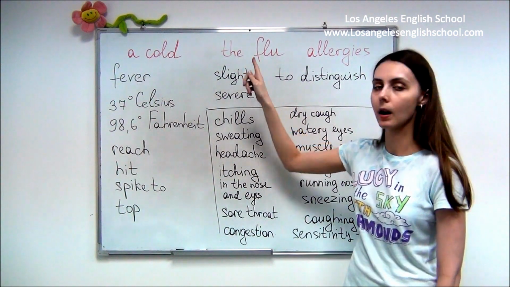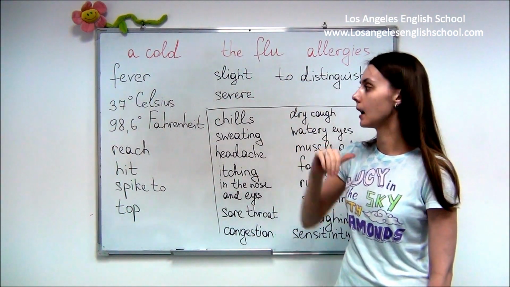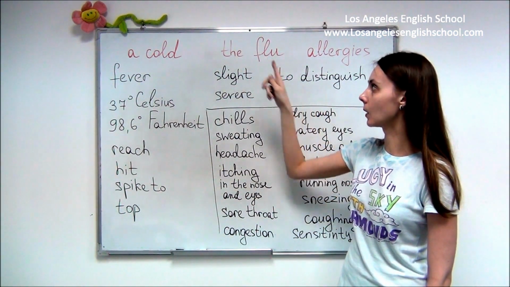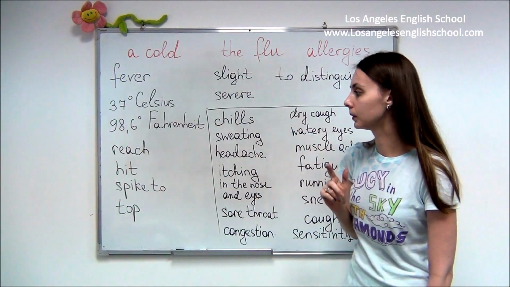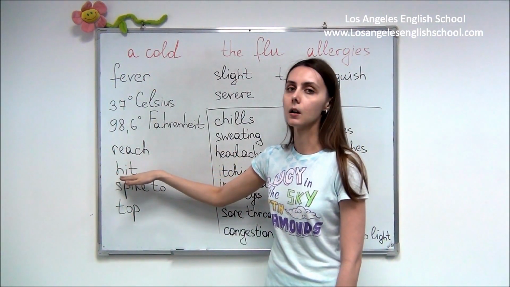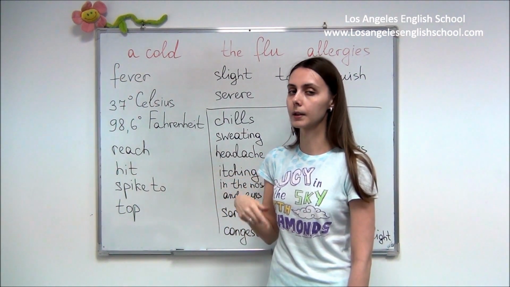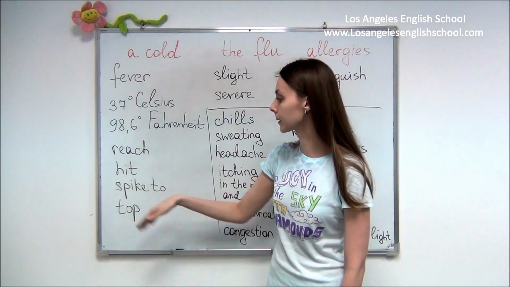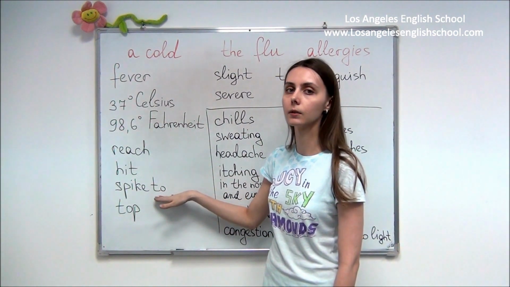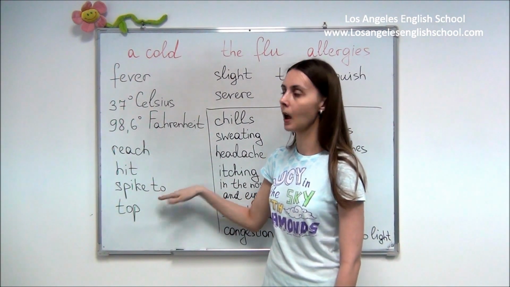Okay, so if we talk about a cold and the flu, the first indicator that you have the flu is a very high fever. Your fever, if you have the flu, will probably hit at least 101 degrees Fahrenheit, and can spike to 104 degrees Fahrenheit.